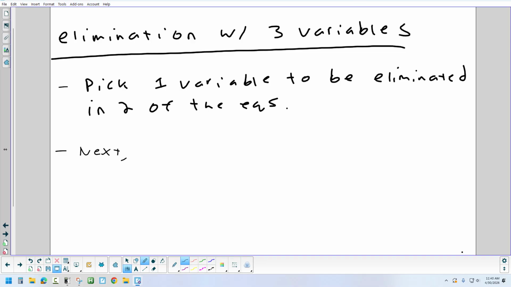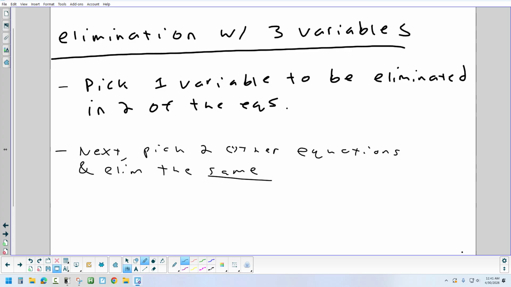Can't be the same 2 you did in step 1. So pick 2 other equations. But you have to eliminate the same variable you did the first time. So you're going to pick 2 other equations and eliminate the same variable again.